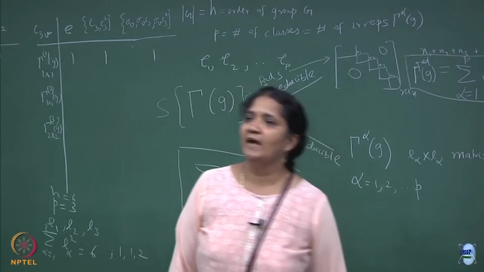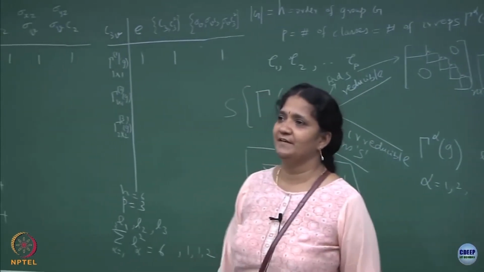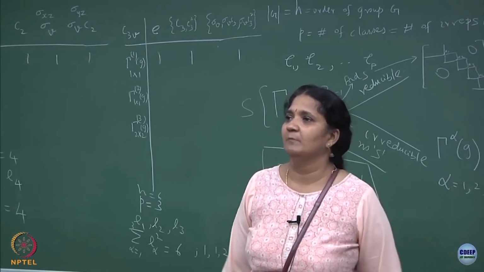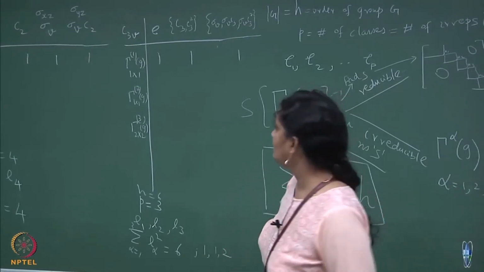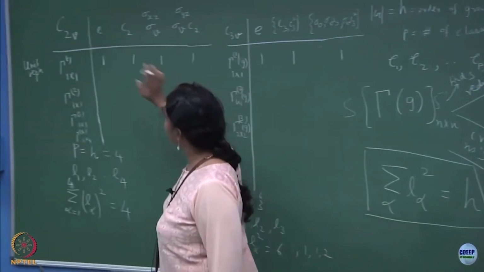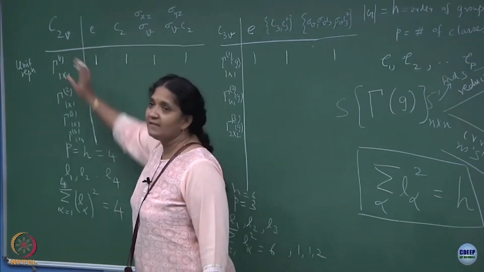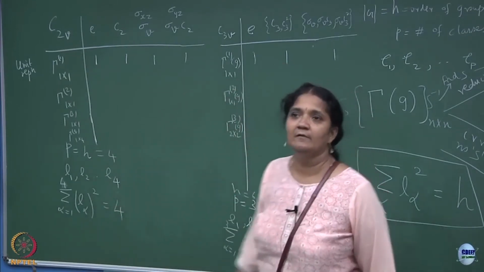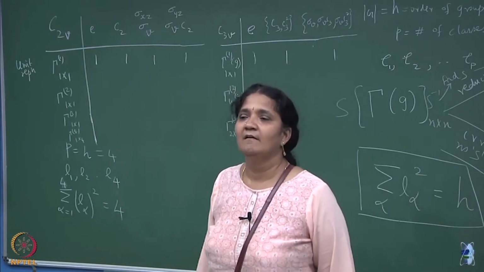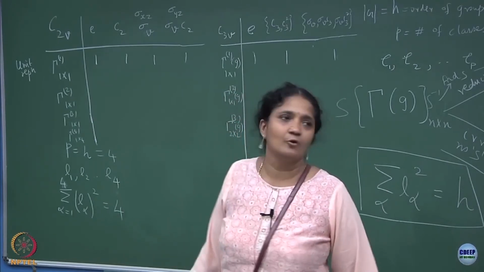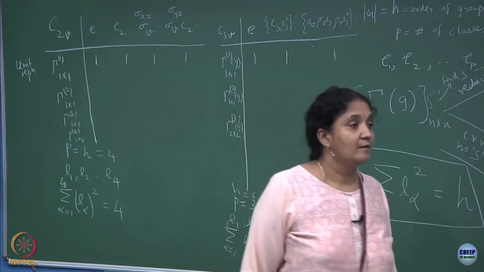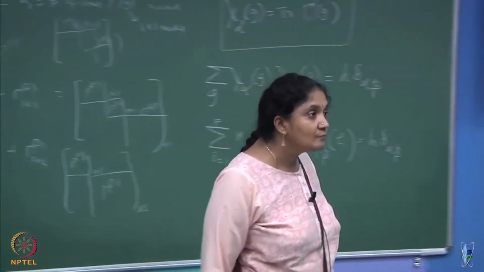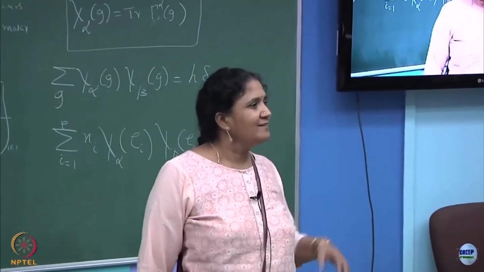Last time I tried to write the irreps by looking at a representation. Now I am going to use these identities to fix the table. Okay. So, using these properties, we have seen that there are 4 irreps for C2V and 3 irreps for C3V, and one of the irreps in C3V is a 2 cross 2 matrix. 1 1 1 1 is like a trivial representation.